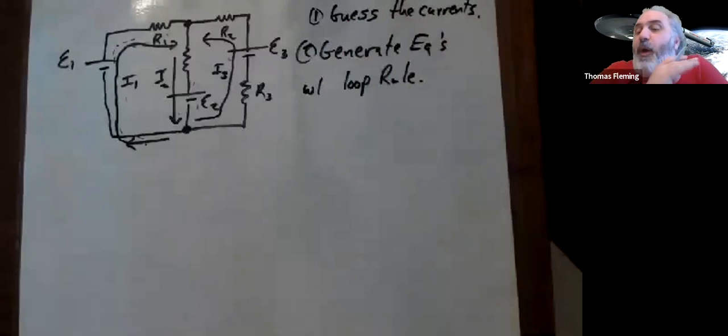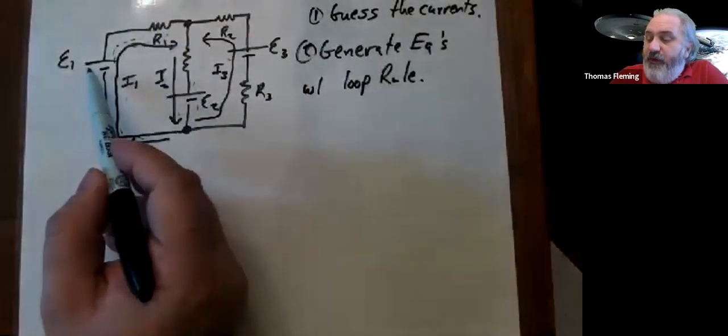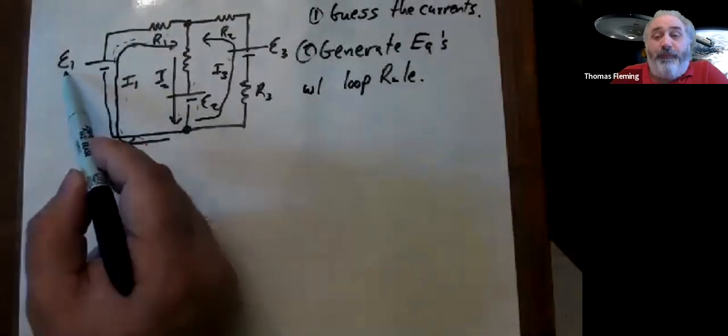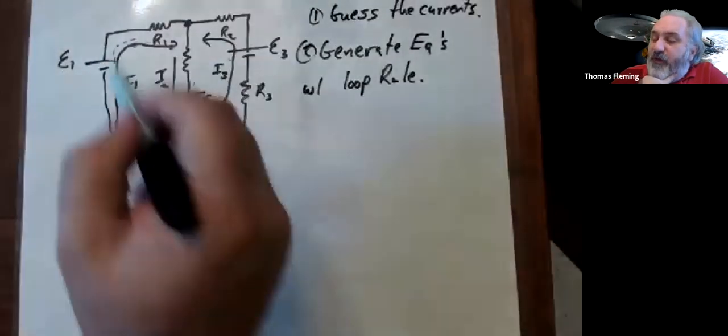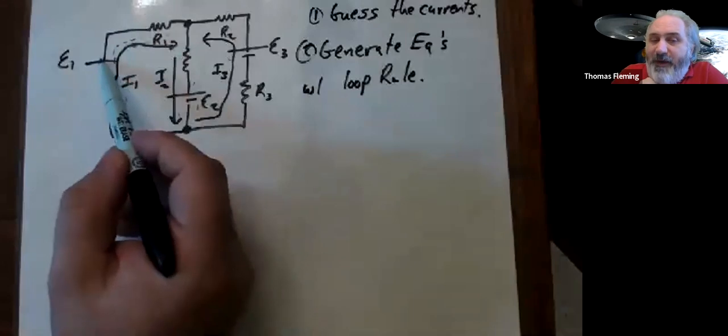Now, if I'm going around a loop and I cross a battery, the voltage will change by whatever the EMF of that battery is. So if I'm going around this loop here and I go across this battery, it's got a voltage of EMF 1. Let's say that's 10 volts. Now, if I'm going around that loop clockwise, I'm going from the negative terminal of that battery to the positive terminal of that battery.